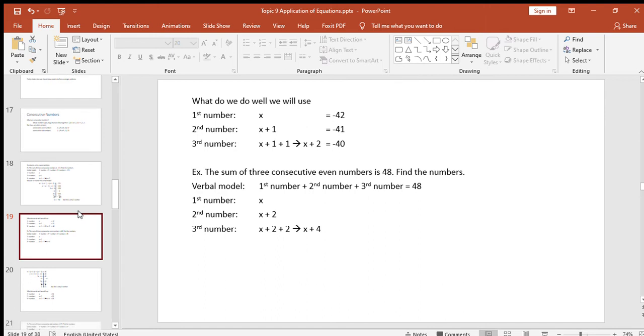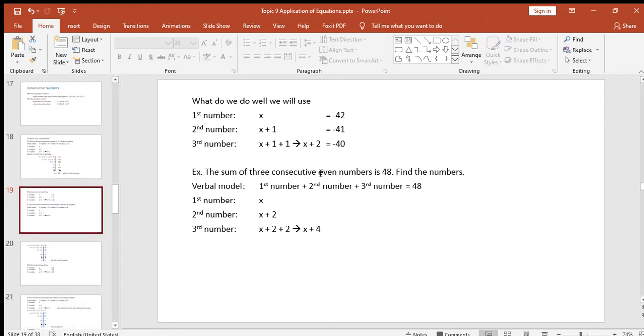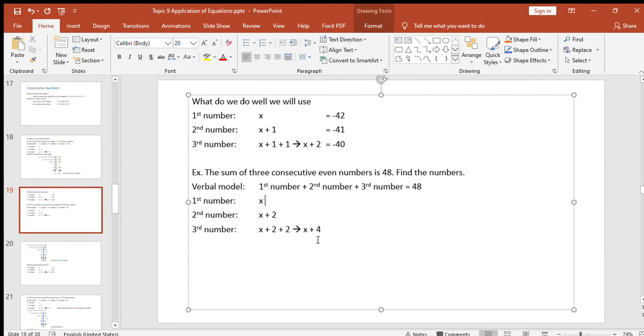Now let's try finding consecutive even numbers when the sum is 48. We're going to find the numbers. Again, write the model. In this case, we're going to assume our first number, x, is even.